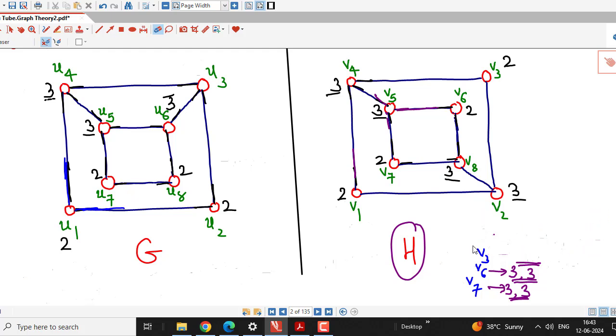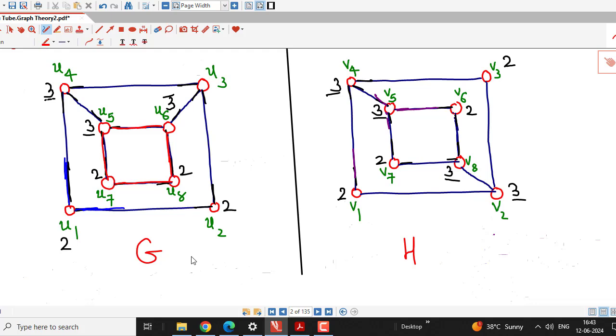For example, in graph G, if I go along this path, u5 to u6, then u6 to u8, u8 to u7 and u7 to u5, then I obtain one cycle of length 4. You can see this is a cycle of length 4 starting at u5 and ending at u5.